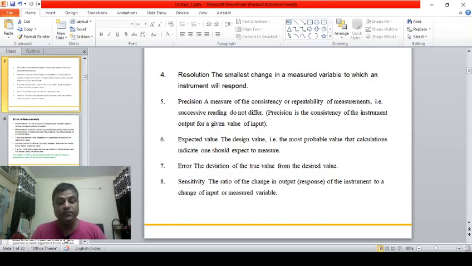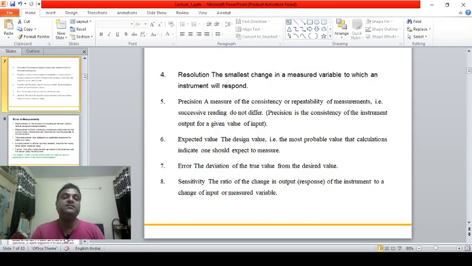If you use this particular voltmeter to measure the voltage at a different node point, a different location, and we find different values, in some cases 210, then 211, 212, then the precision of this instrument is poor, and we need to improve the precision. So that is basically the meaning of precision.